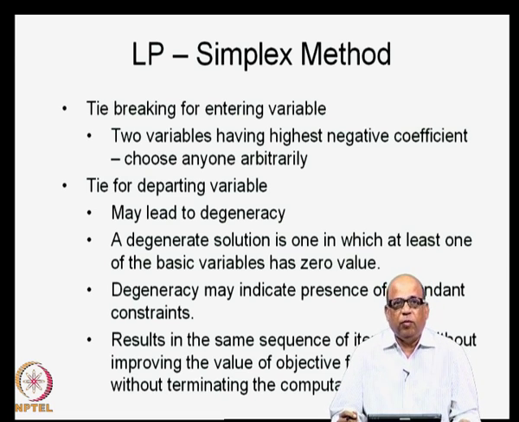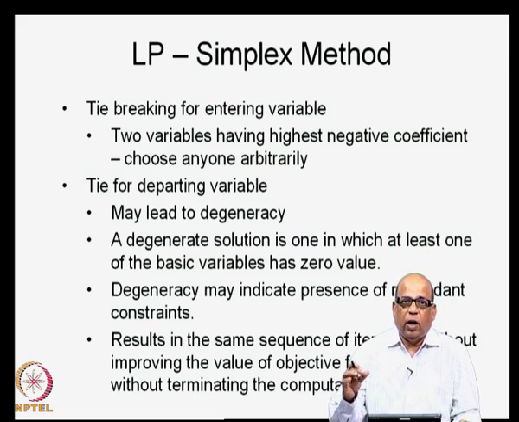What happens when you have degenerate solutions? Let us say that you had a tie between two variables for the departing variable, and you broke the tie arbitrarily and took out one of the variables as the departing variable. In the next iteration, you may see that you get the other variable also as a departing variable, and then you get stuck in a loop.